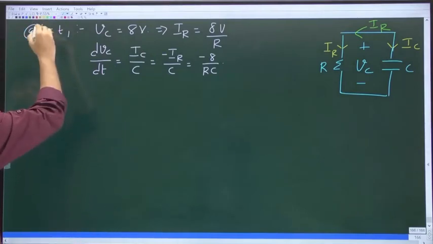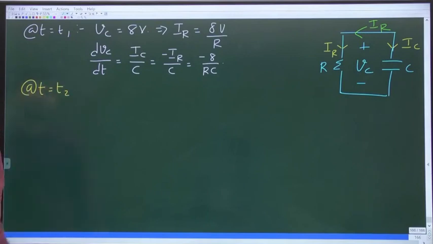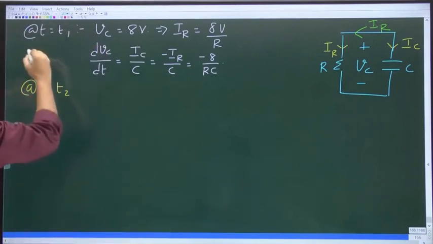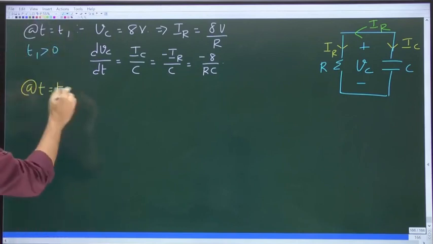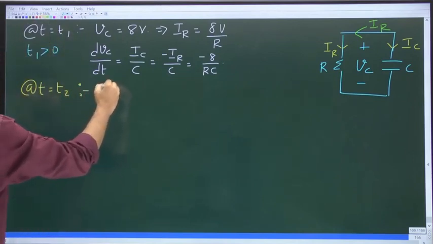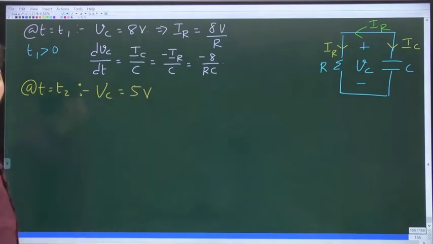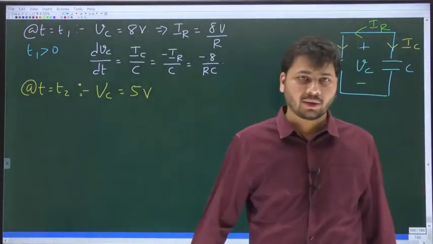and then let us say at some later point in time, and by the way, this t1 is obviously greater than 0. Now at some later point in time, let the value of Vc become equal to 5, because Vc will further decrease.